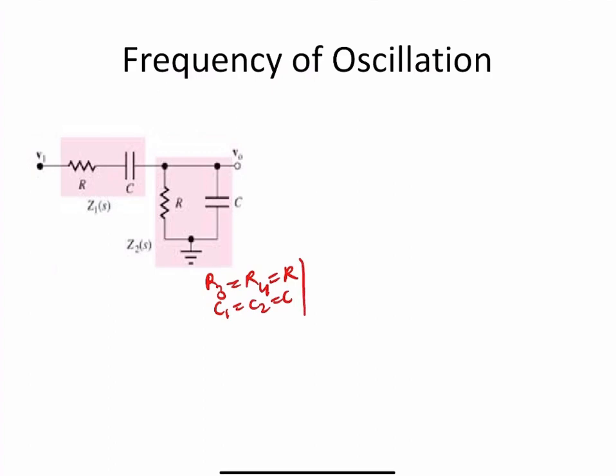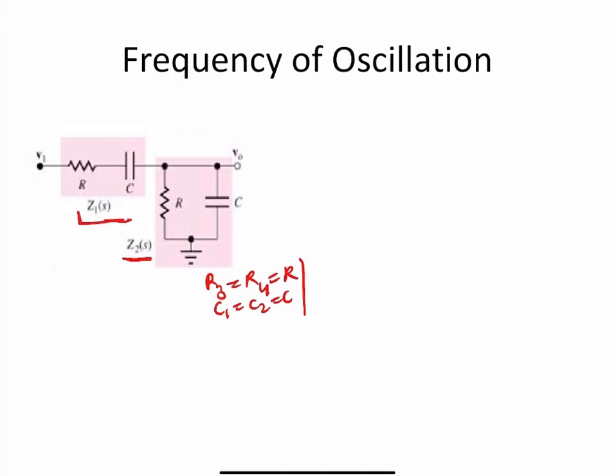And to get the gain of this network, first find the output voltage. Output voltage means the voltage appearing across the output impedance Z2. Z2 is the equivalent of these RC components which are connected in parallel here. Z1 is the equivalent impedance of RC components which are connected in series here.